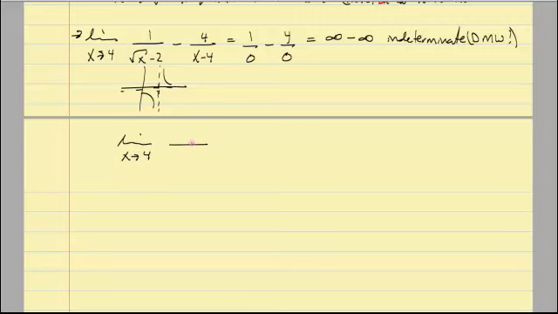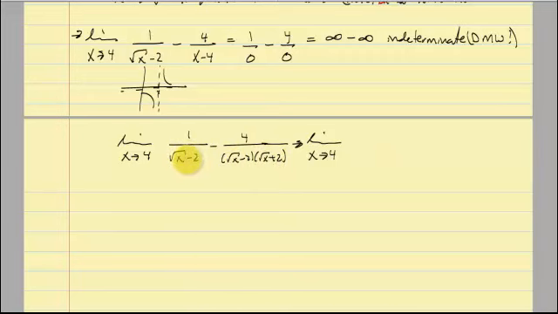Well, first of all, I know that x minus 4 actually factors into root x minus 2 times root x plus 2. And then I can look at finding a common denominator between the two fractions. So I'll actually be combining these fractions. The common denominator would be this product.